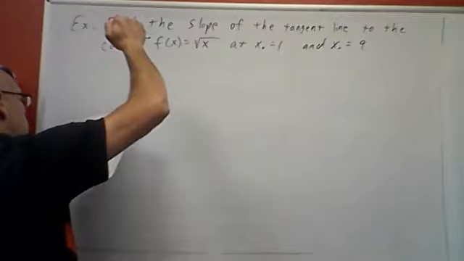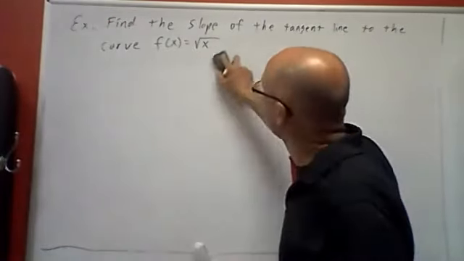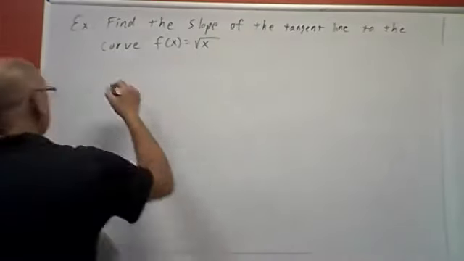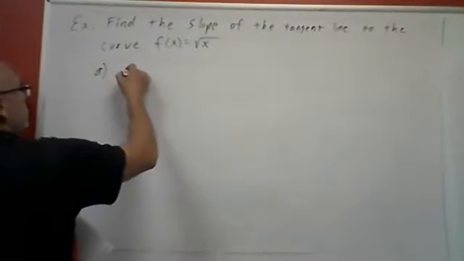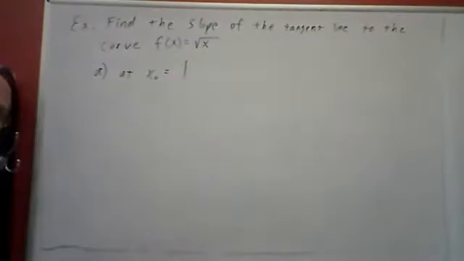I'll tell you what, let's do it this way. To the curve, let's go ahead and call this A, at x naught is equal to 1.